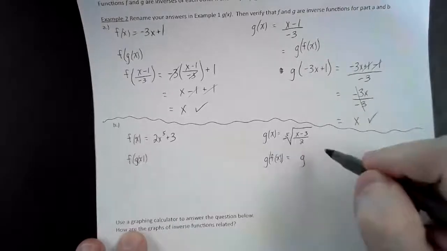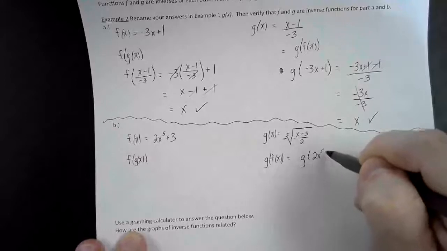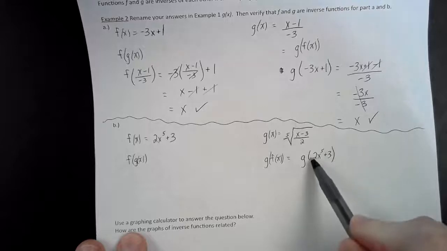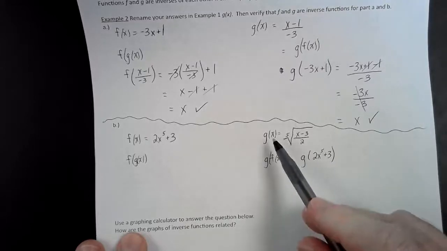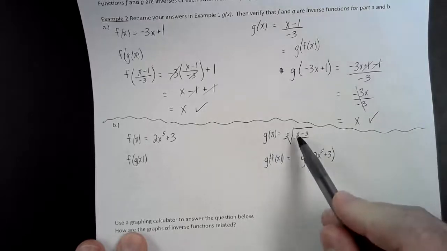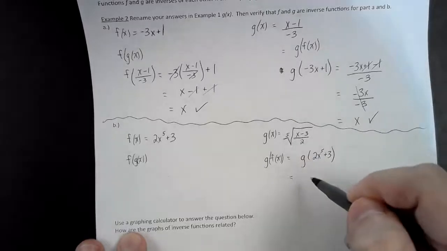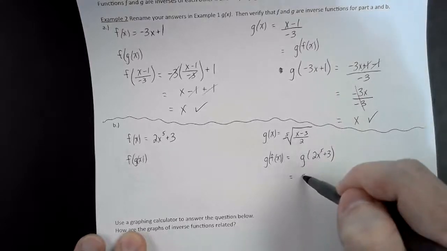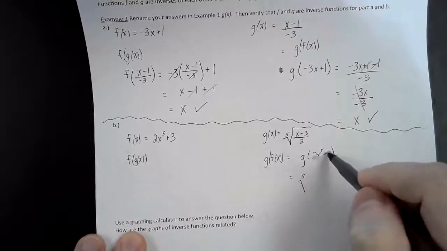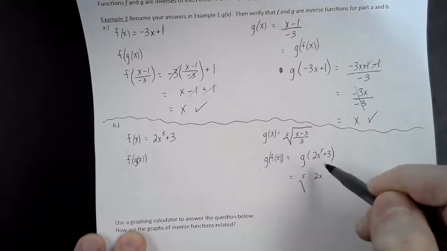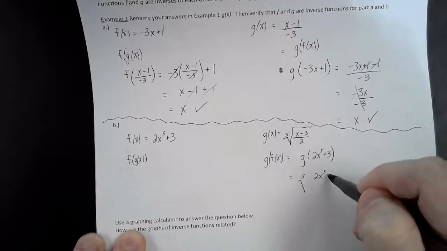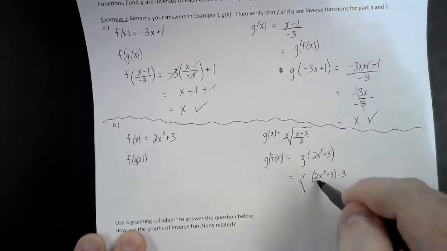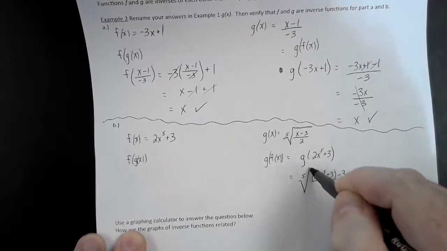g of f of x is this, 2x to the 5th plus 3. And now I'm going to plug this into g, which is right here. So that thing is getting plugged in for that x there. So we're going to have this 5th root, and that thing, 2x to the 5th plus 3, gets plugged in for x minus 3 over 2.